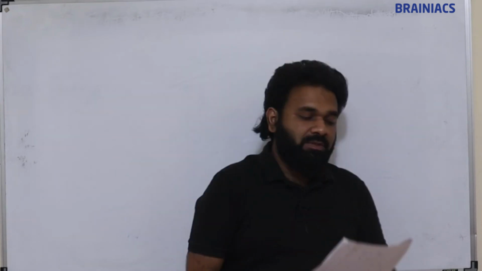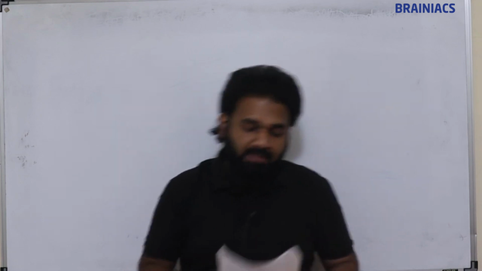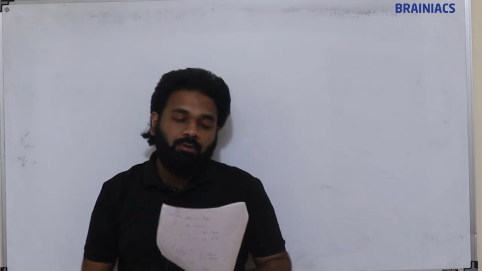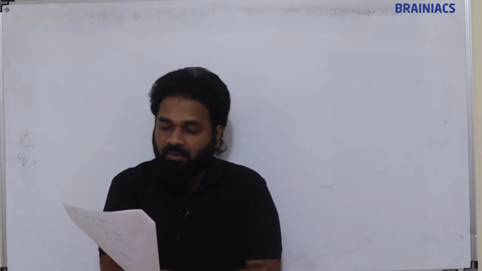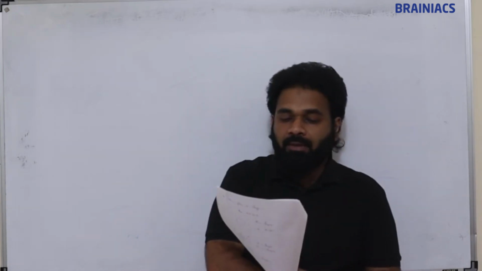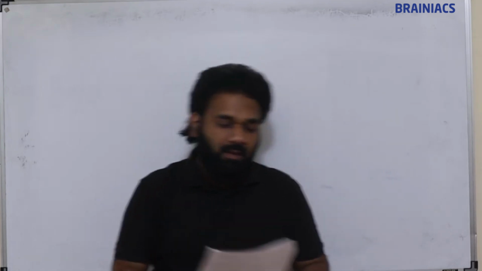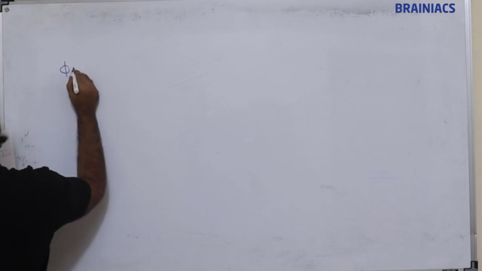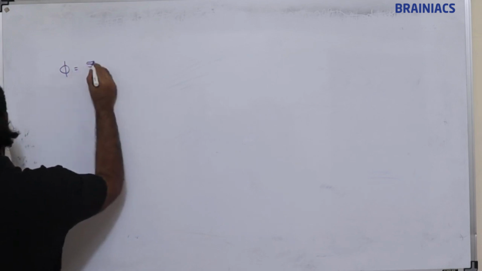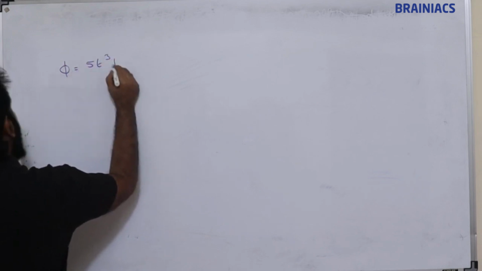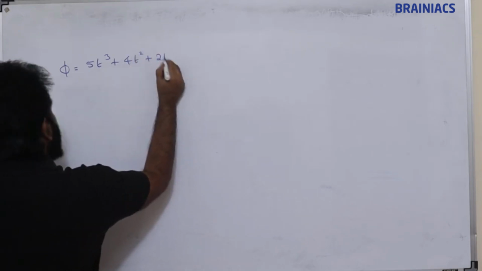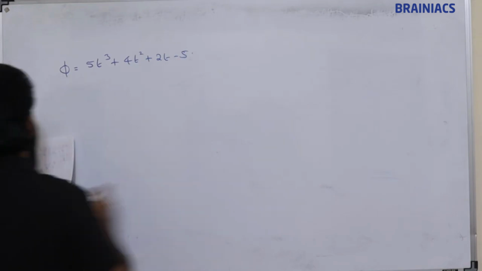Now take question number 7. The magnetic flux through a coil perpendicular to the plane is varying according to the relation phi is equal to 5t cube plus 4t square plus 2t minus 5.